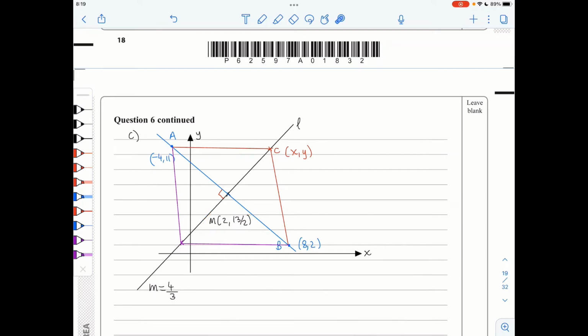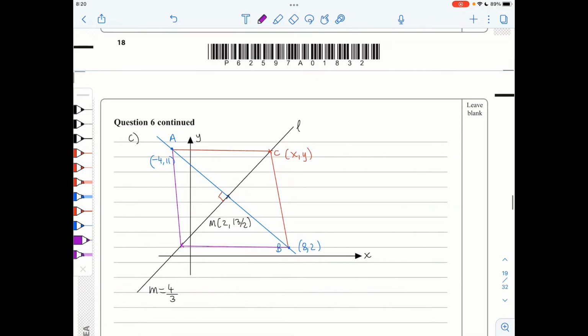And then somewhere along the line L, we've got a point C, such that the area of the triangle ABC is 37.5 units. And there are actually two possible positions because it could be either on the right hand side or on the left hand side. That's an alternative for C. And we need to find the position, the coordinates of C.